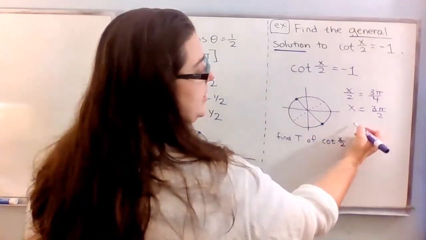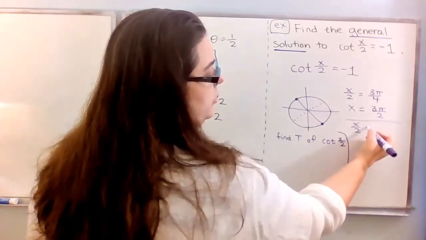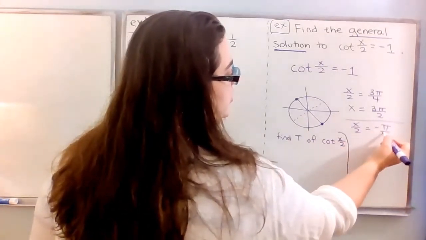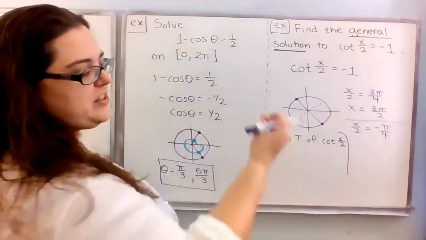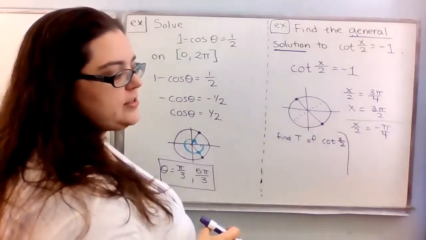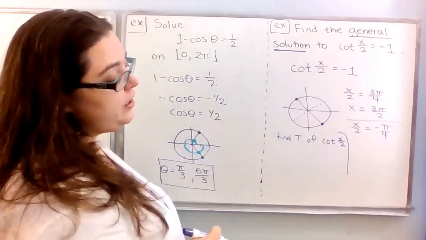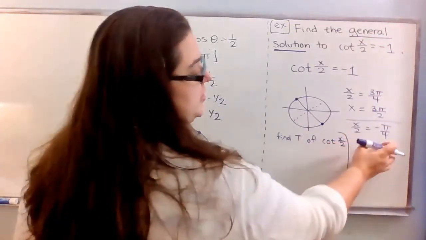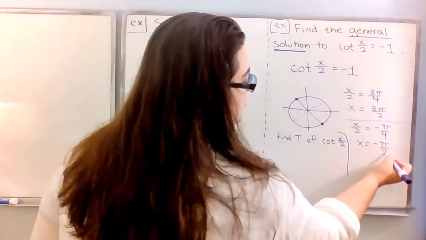I'm going to say that x over 2 could be negative pi over 4. So usually my personal preference is to find the fastest way to get to the angle. But if you used a positive 7 pi over 4, you will get the same solution set in the end. That's our goal. So I'm going to multiply both sides by 2, and that will give me x is negative pi halves.